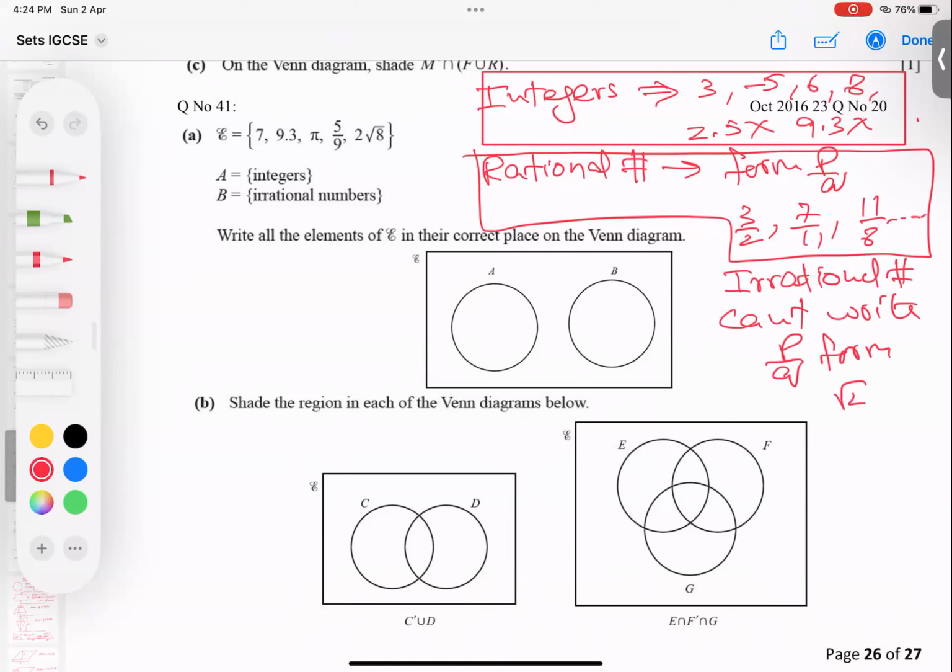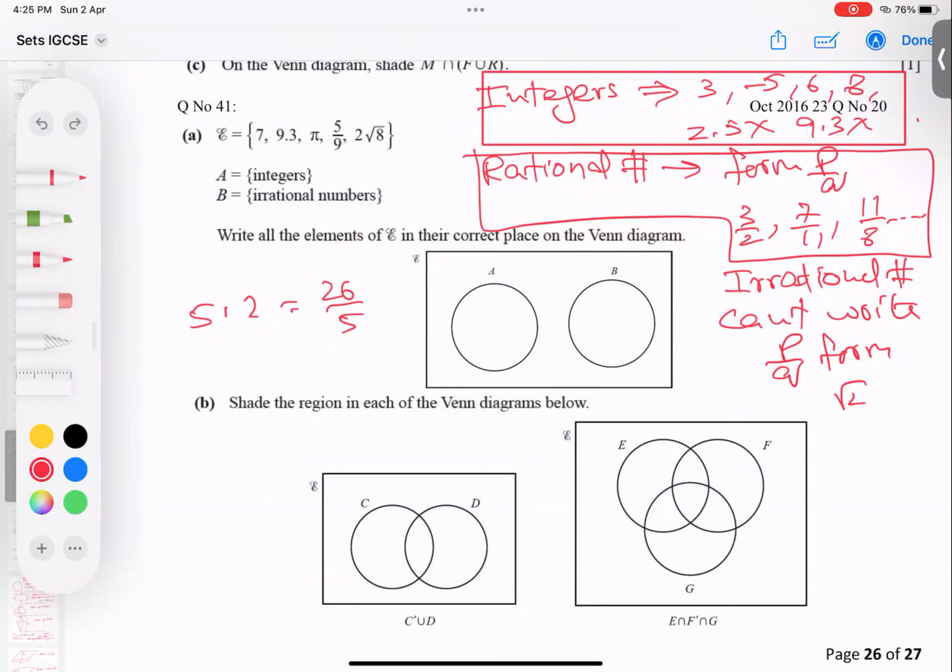Please do it parallel with me. If I give you, for example, 5.2, check. If you press the button, it is converted into 26 over 25. So this number you convert into P by Q form.